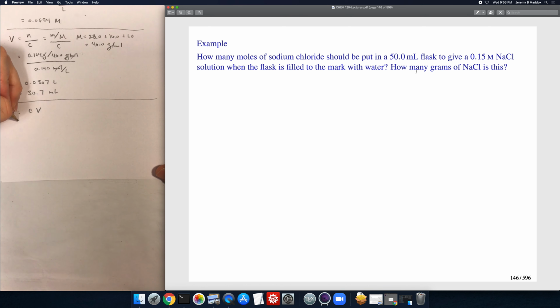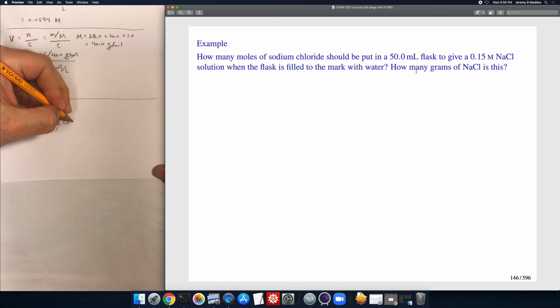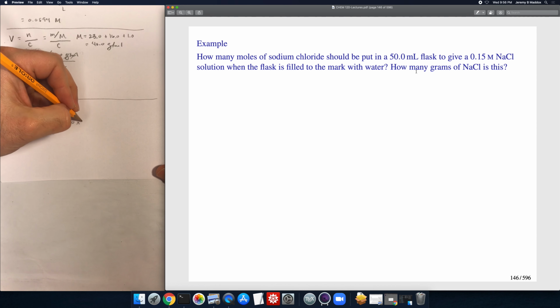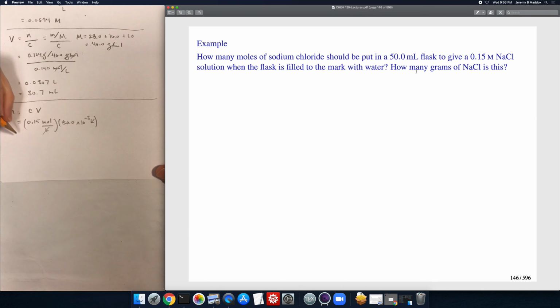So they give us a 0.15 moles per liter solution, and we have 50 milliliters of solution. I'm going to convert that to liters. You'll see the liters cancel out, and we're going to be left with moles.